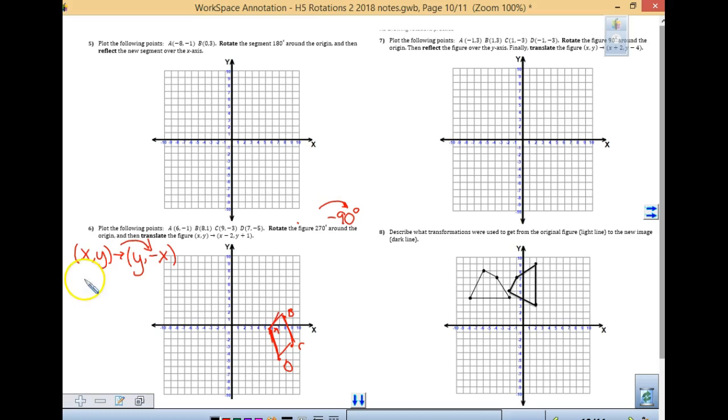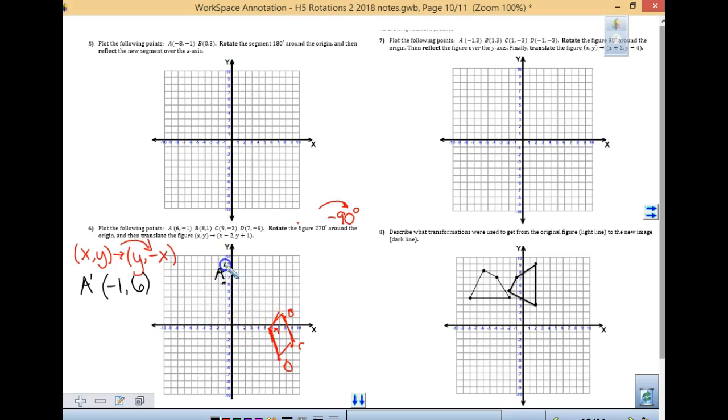So where should A prime be? We had 6, -1. It's now going to be, the y stays the same, so it's going to be -1 and then 6. -1 and 6. If I'm looking at that, that is a 90-degree turn.